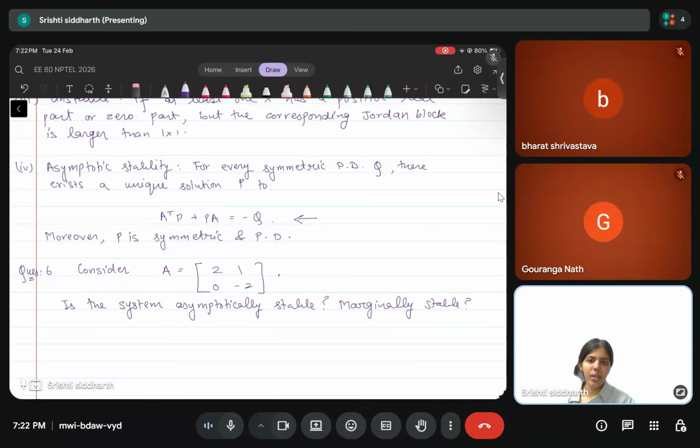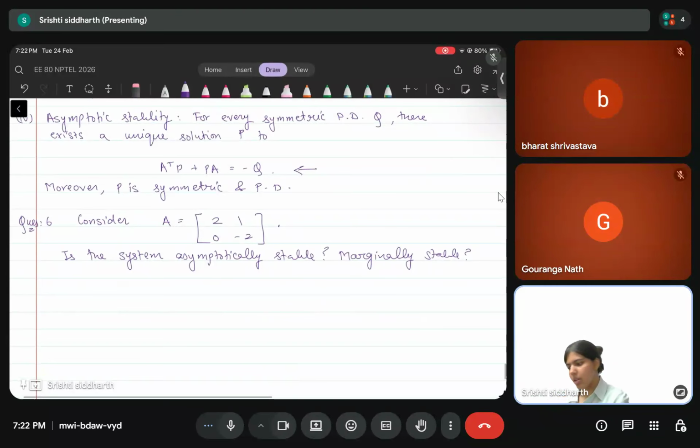This is a second order system. We can quickly find the eigenvalues, right? This is determinant of A minus lambda I equals 0.